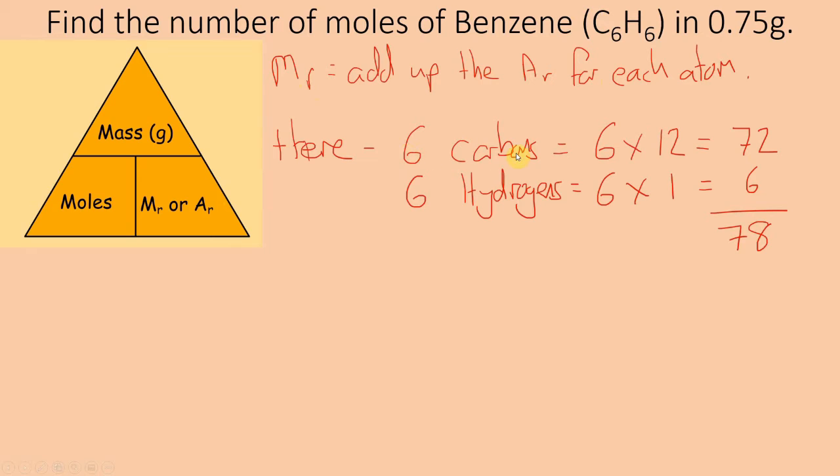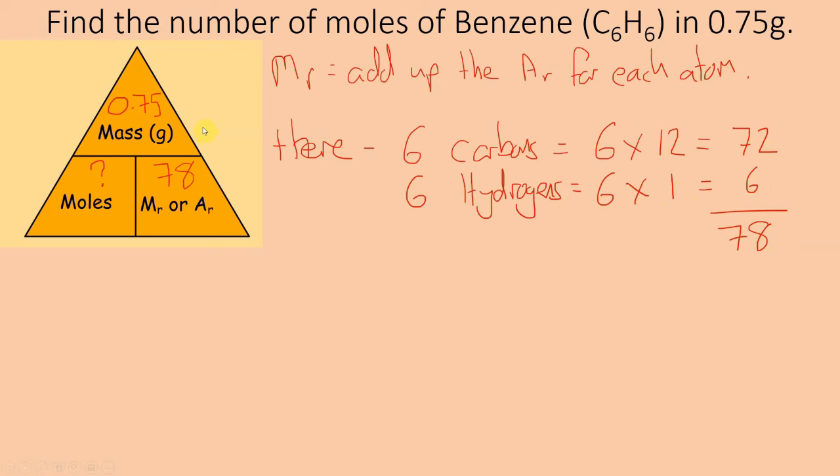There are 6 carbons, so that's 6 times 12. Now 12 is the relative atomic mass of carbon off the periodic table, and there are 6 hydrogens, that's 6 times 1, the relative atomic mass of hydrogen off the periodic table, which gives us 6. So 72 and 6, the total mass of a benzene is 78.